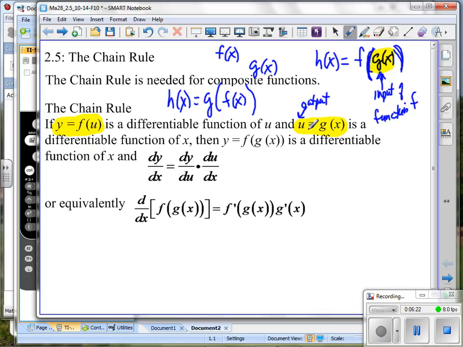That happens to also be a differentiable function. Then y equals f of g of x. Well, how does that come about? Again, g of x is the input in function f. G of x is also represented by the letter u. And isn't that what I have over here?